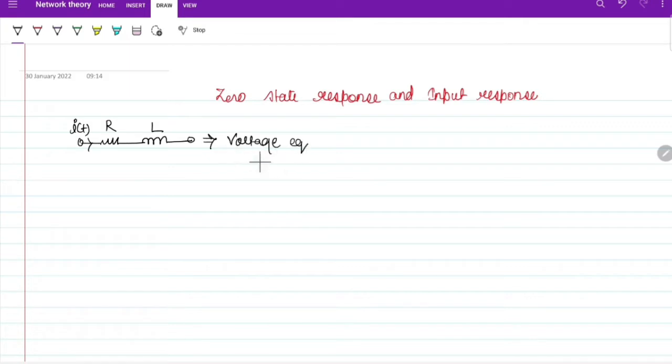Okay, that should be a function of time, right? Then we will convert this voltage equation into Laplace transformation.